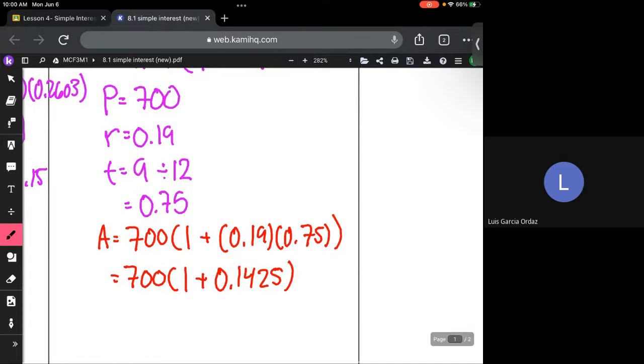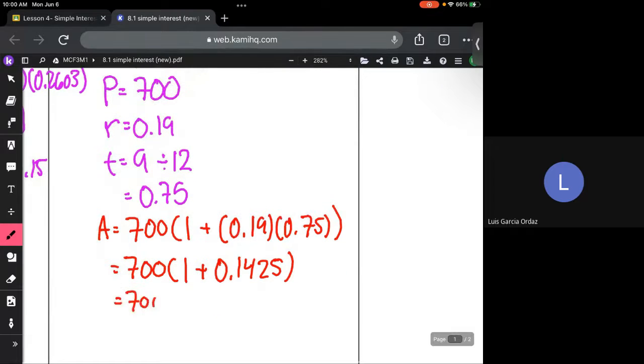And again, we do the bracket. So 700 times 1.1425. And then you're just going to multiply those two numbers together, and it'll give you the total amount borrowed. That's what it'll give you. What would it be?